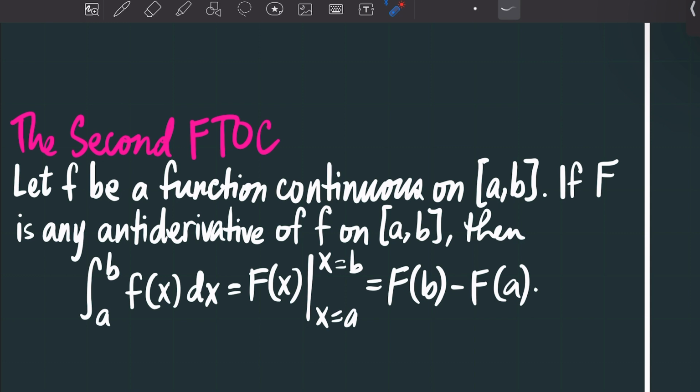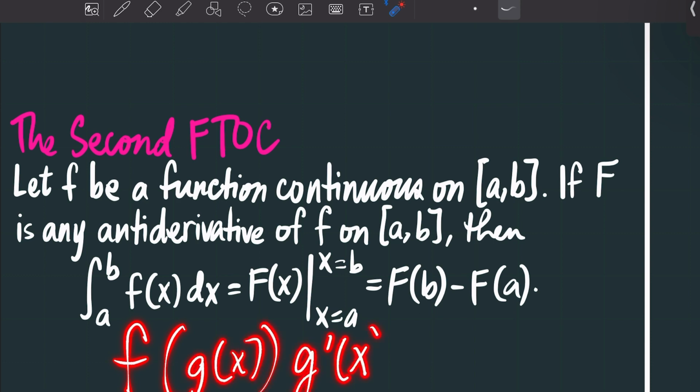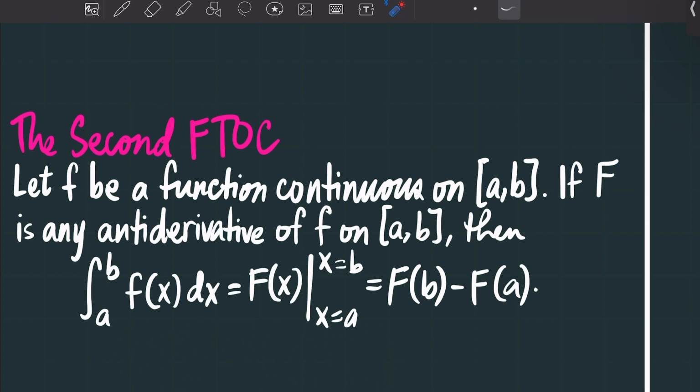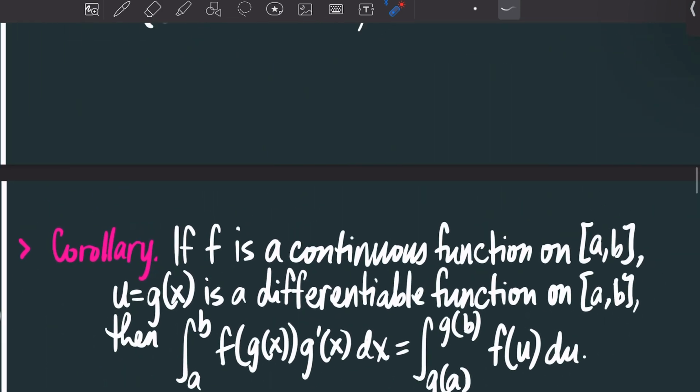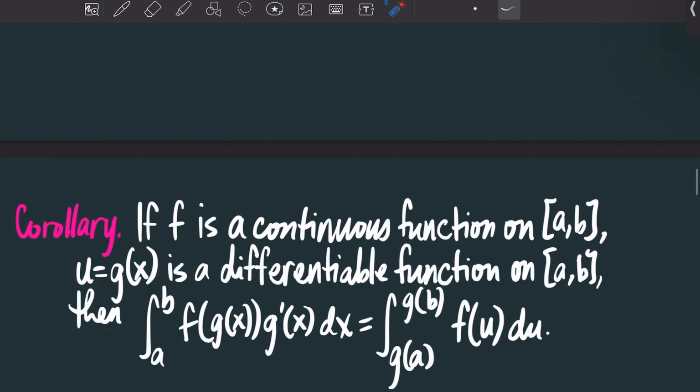So, what will happen if yung given na function sa atin is of this form? F of g of x times g prime of x. Luckily, meron tayong way para kunin yung ganong definite integrals. So, we have this corollary here.